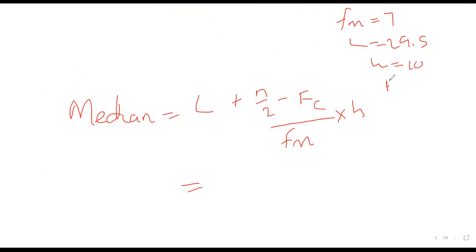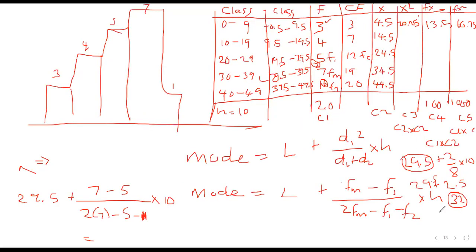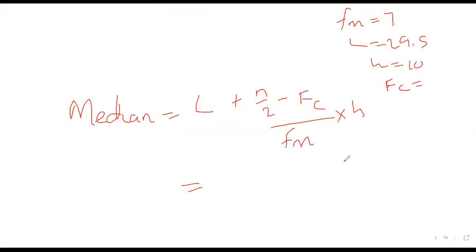FC is next to the 5, which is 12. Our N is the summation of F, which is 20.